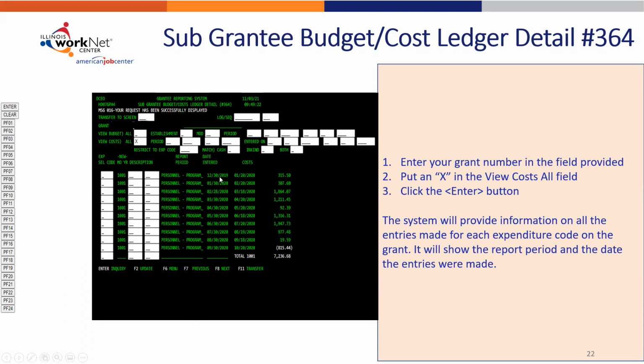So if you're like, okay, there's no way I entered 5,000, there's no way I messed that up and entered 5,000 instead of 500 or something like that, you can go to this screen and it shows when that expense was entered. You can be like, okay, I know that one wasn't me, that must have been X, Y, and Z, and I need to ask them why they entered that cost. Essentially, you can just see the different transactions that you've entered for costs.